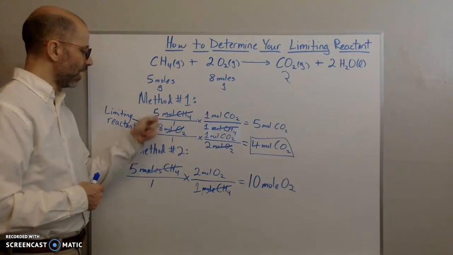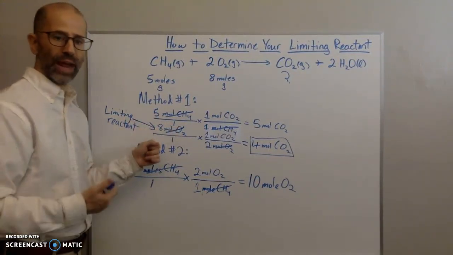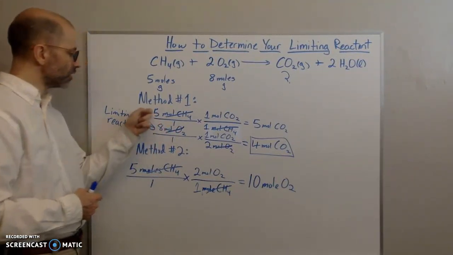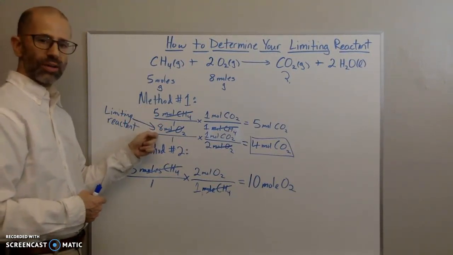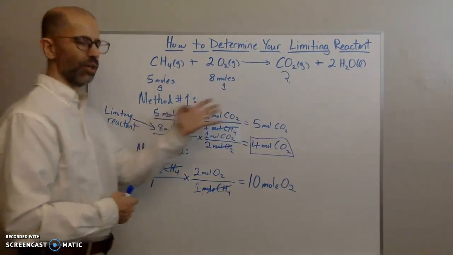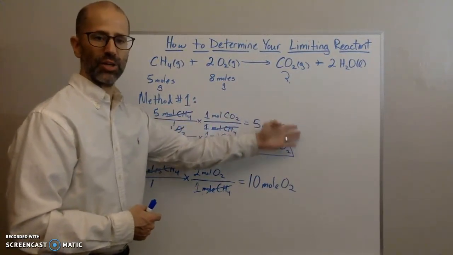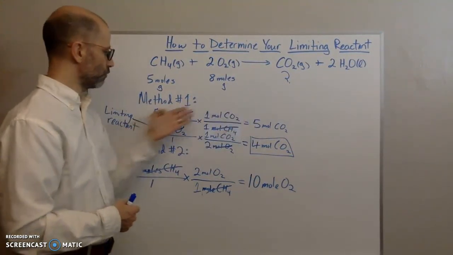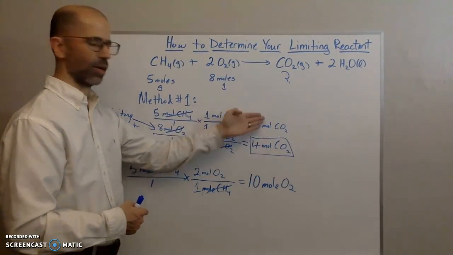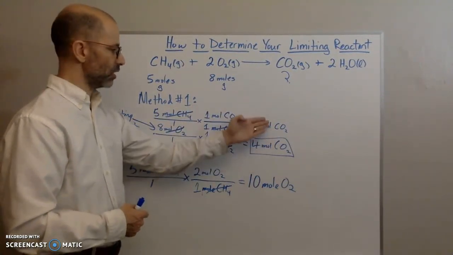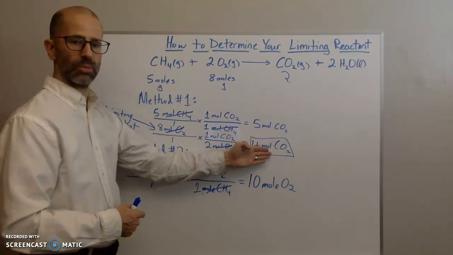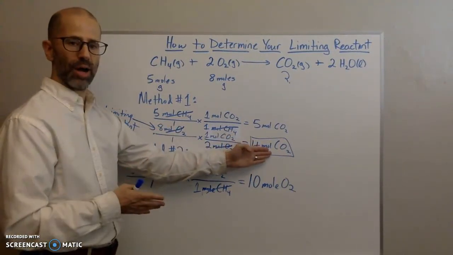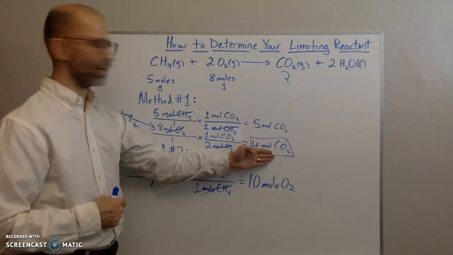So in this case, if they're asking for a certain number of grams of product and you need to figure out what the limiting reagent is, just start with the amount of reactants and convert that to the amount of the product that you're interested in, right? So here we were interested in carbon dioxide, so I would convert both reactants to the amount of carbon dioxide first, and then the lesser amount is going to determine my limiting reagent, which is oxygen.